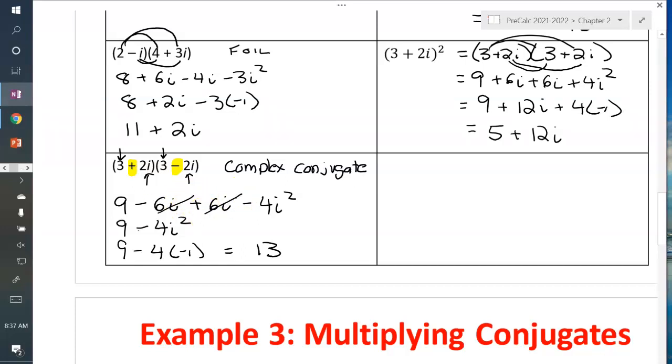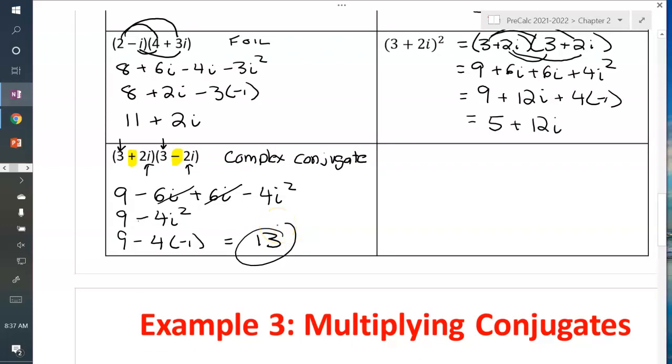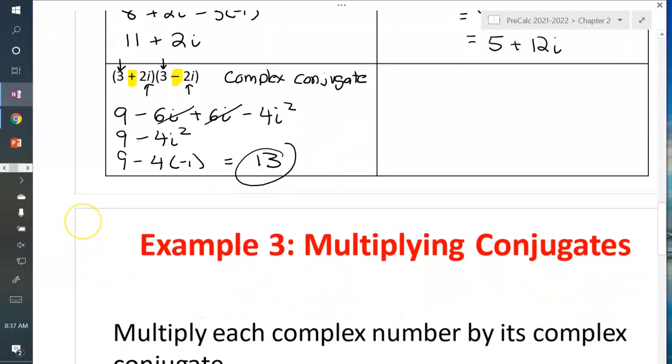And then when you have an i², remember, substitute in negative 1, so your answer is all real. That's very useful because in our next operation, when we divide, we don't really want imaginaries in the denominator. So we're going to use this property of the complex conjugates to make our divisions easier.